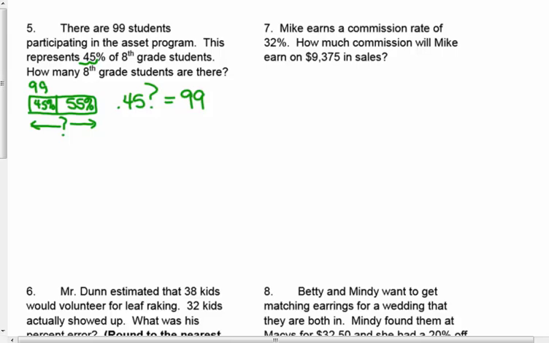The 99 is the X, the part, which X usually is. 45% is the K, the rate of percent. I need to find the total, the original amount of students. I need to find the X. So instead of putting a question mark there, I'm going to put an X. 45 hundredths of what number, 45% of what total 8th grade students equals 99?